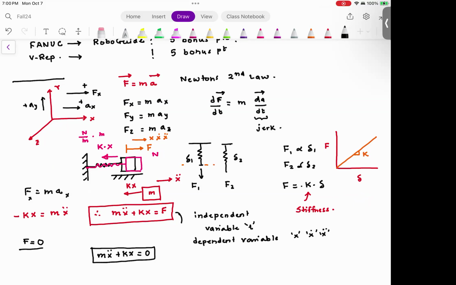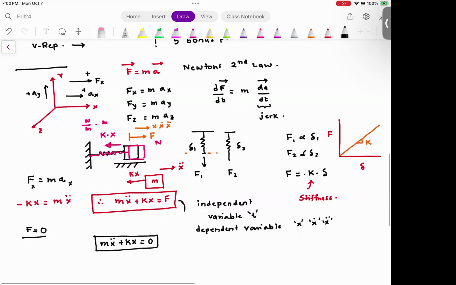I have this spring attached to the mass. I pull the mass and let go. What would happen? That mass would continuously oscillate back and forth. If there is no friction, no damping, no dissipation, this oscillation will continue for an infinite period of time. Do you agree with me?